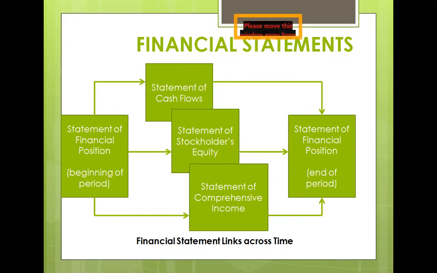These three statements, cash flows, stockholders' equity, and comprehensive income, link the statement of financial position from the beginning of the period to the end of the period.